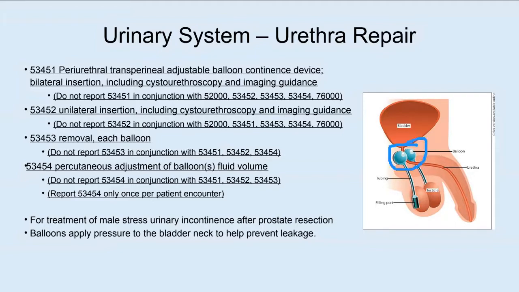So instead, they put these balloons in there that kind of squish against the bladder neck to prevent leakage. So 53451 is bilateral insertion, 53452 is unilateral insertion, 53453 is removal for each balloon, and 53454 is adjustment of the balloons.